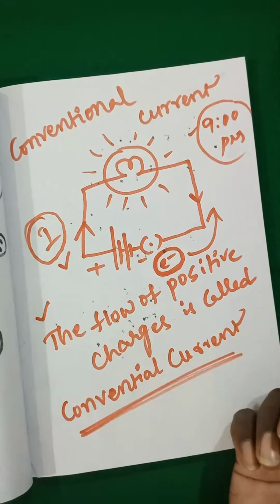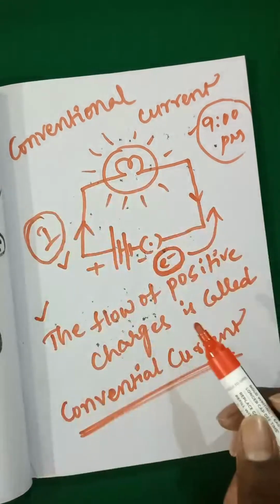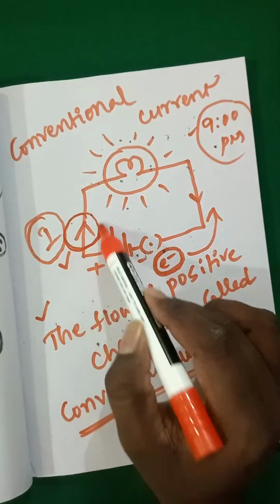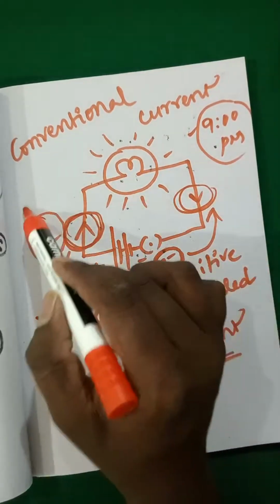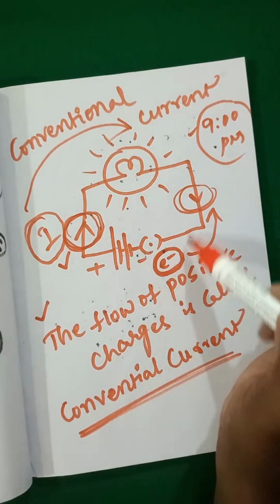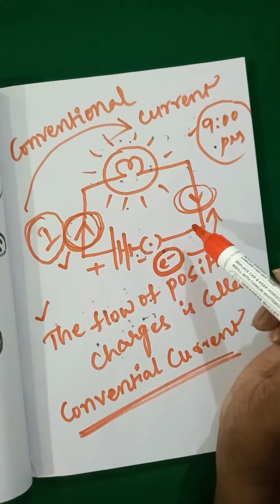Still you can see in the textbooks that the direction of the current is mentioned from the positive terminal to the negative terminal. But actually electron movement gives the current in the circuit.